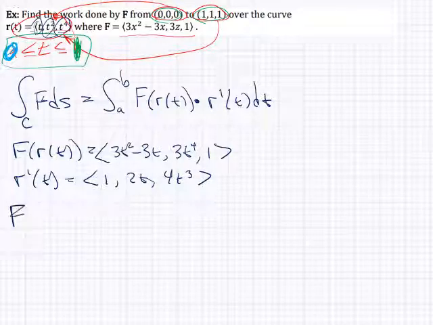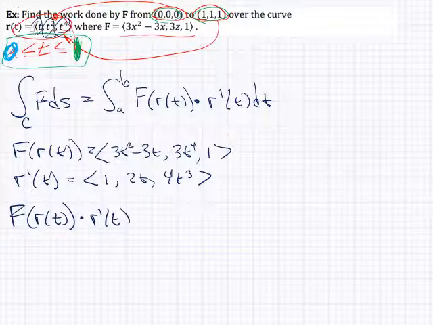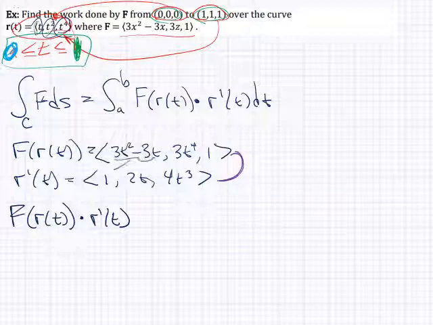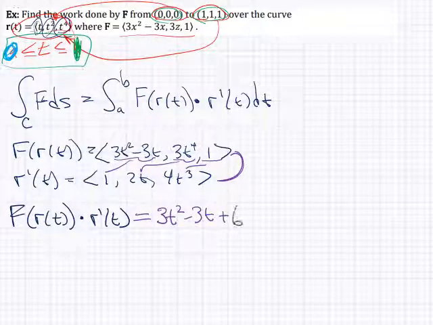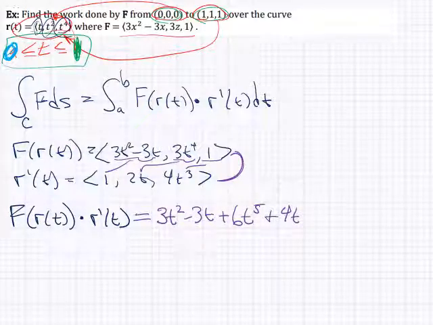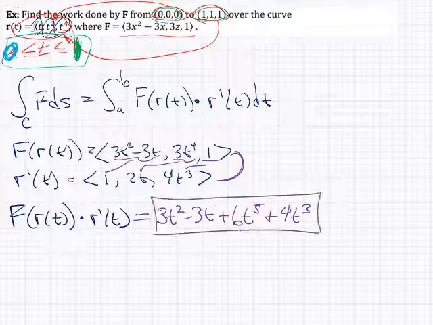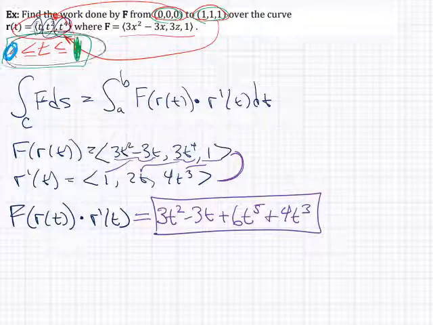And so if we do f of r of t dot r prime of t, we just have to do the dot product between these two vectors. So this times this, plus this times this, plus this times this. That's going to give us 3t squared minus 3t plus 6t to the fifth plus 4t cubed. So that's the function we're going to integrate. The interval is 0 to 1.